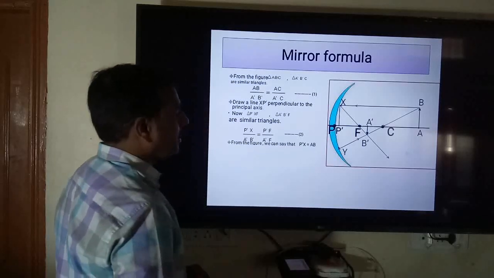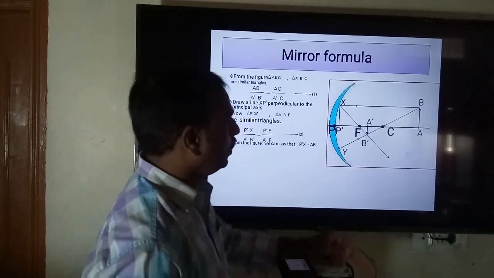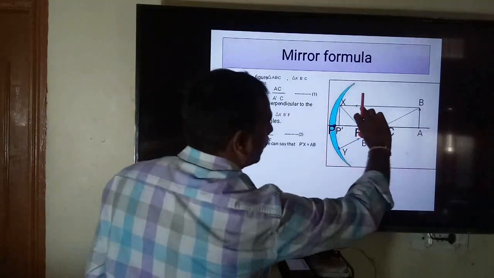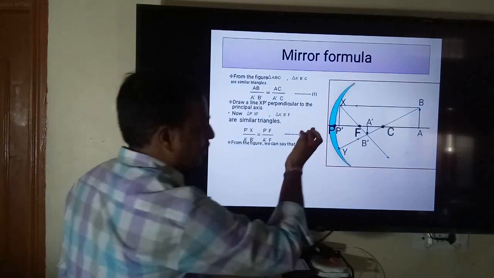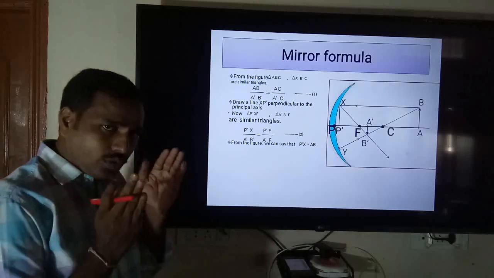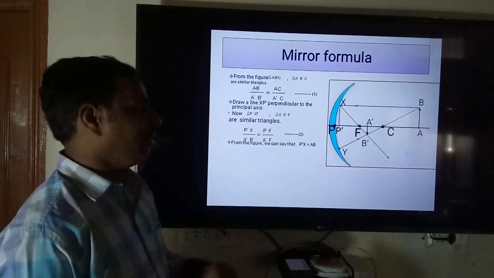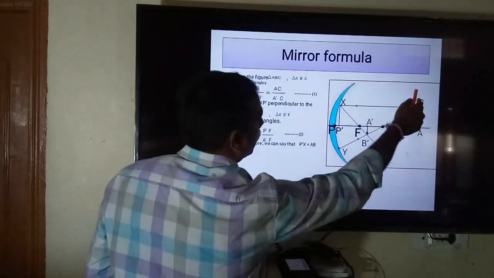But one important thing we observe here, this P'X is equal to this AB. Why? We already said that BX is a parallel ray with the principal axis. If two rays are parallel, the length between those two rays is equal, we know very well. So based on that, P'X is equal to AB.